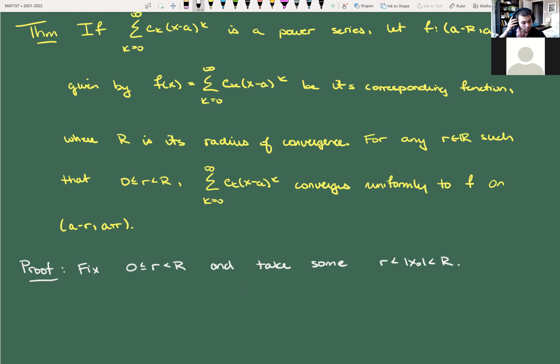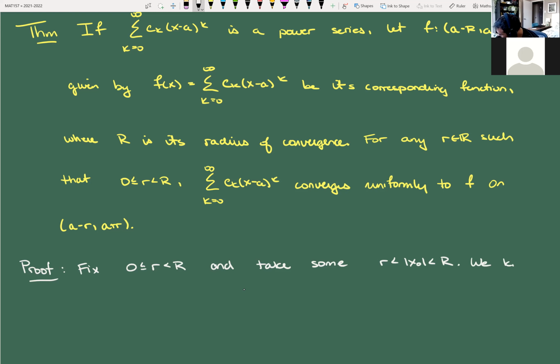We're not even guaranteeing anything. We're just saying choose some point x naught such that the absolute value of x naught is between r and big R. Okay, and of course we can do that. That's just completeness of the real numbers, right?